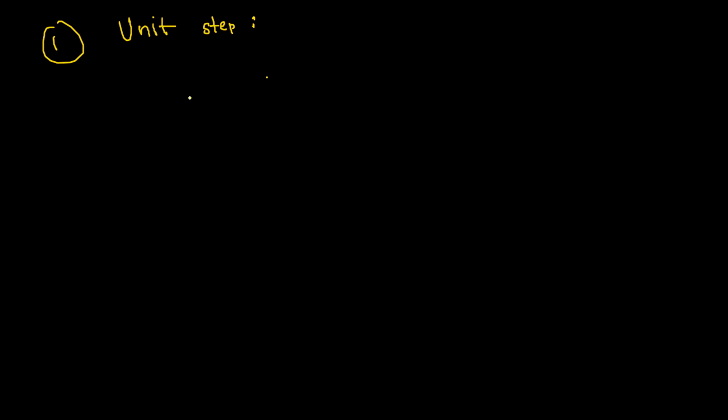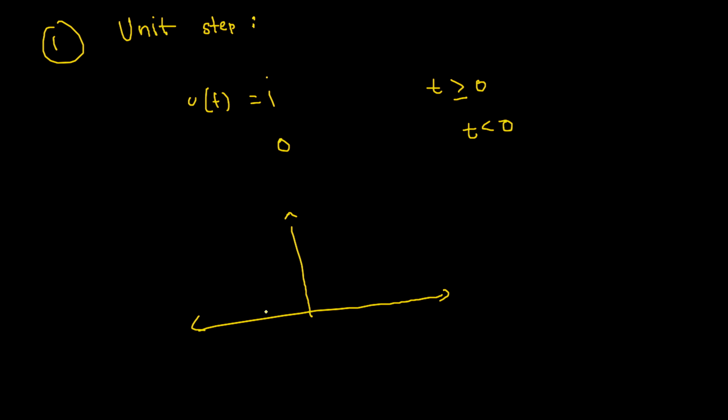A unit step function u of t is equal to 1 for any t greater than or equal to 0, and it's 0 at all other points. So the graph looks something like this. Till t is equal to 0, it's 0. And from t is equal to 0 onwards, the graph is 1, and this goes on till infinity. So this is a unit step function.